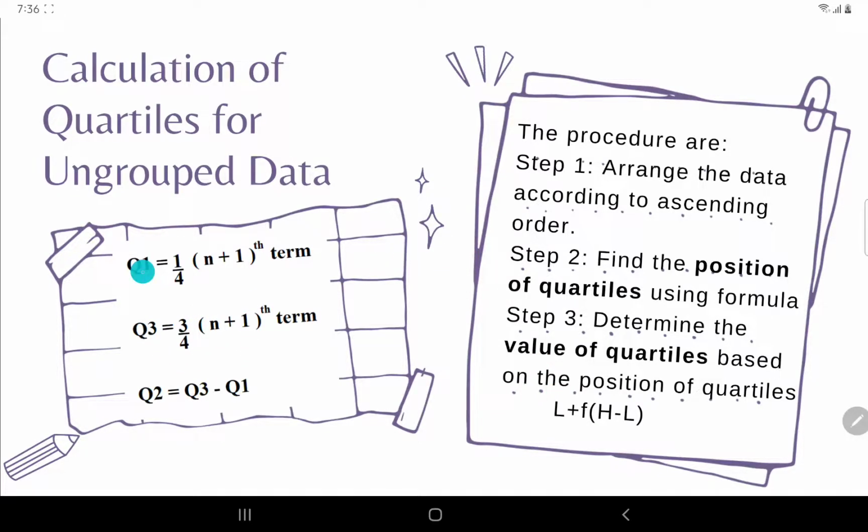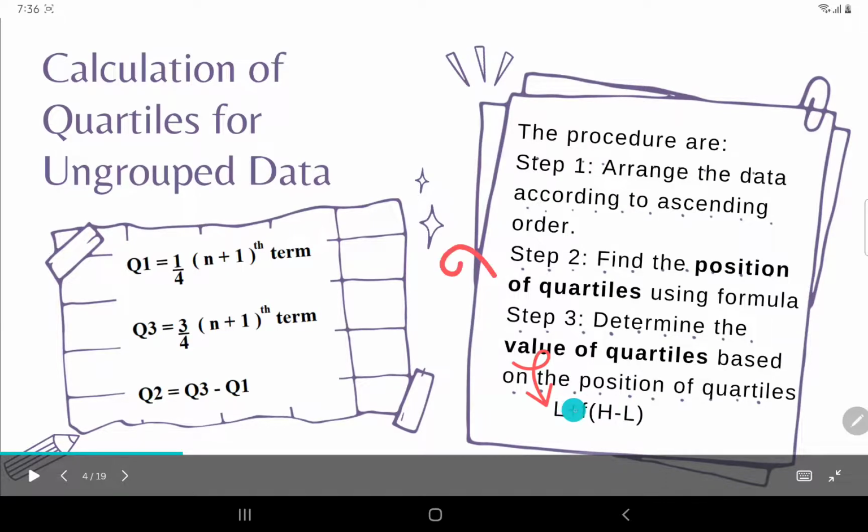Only after we have found the position can we calculate the value using this formula: L plus F multiplied by H minus L. L is the lower limit, H is the higher limit, F is the frequency.